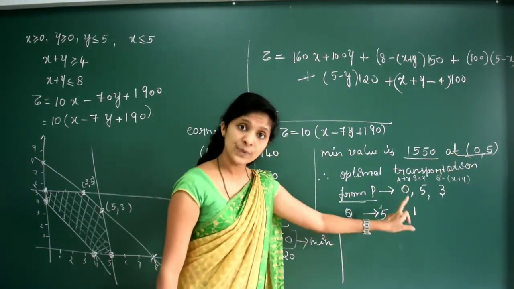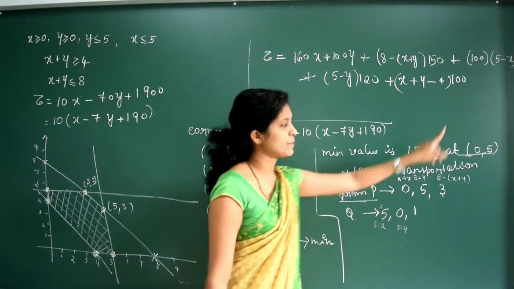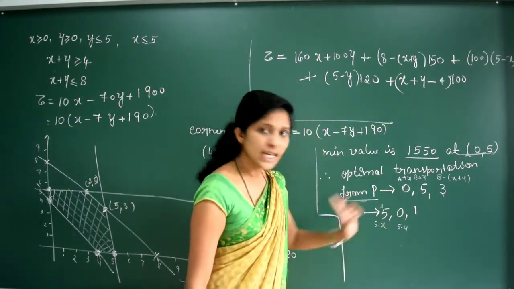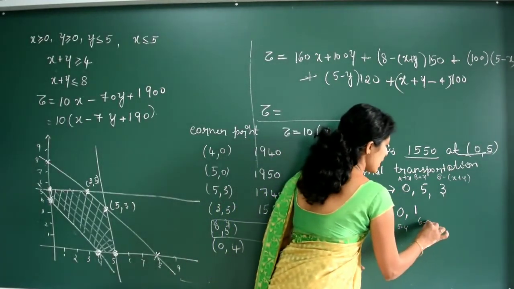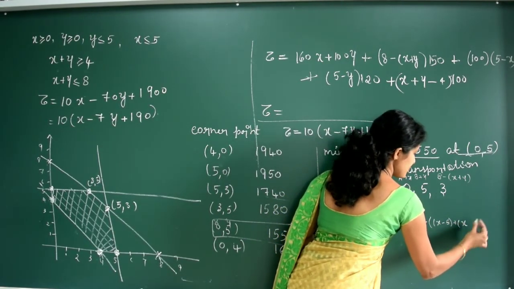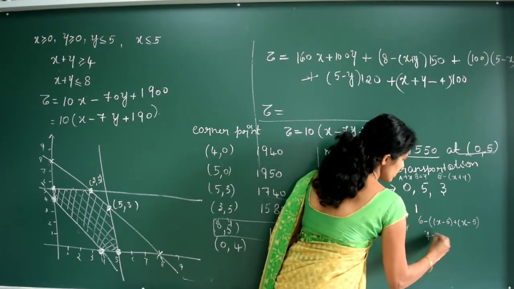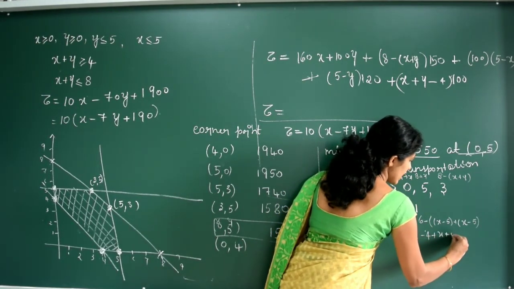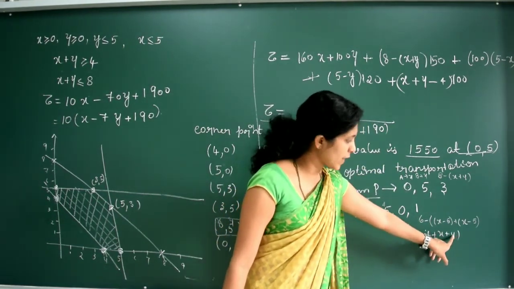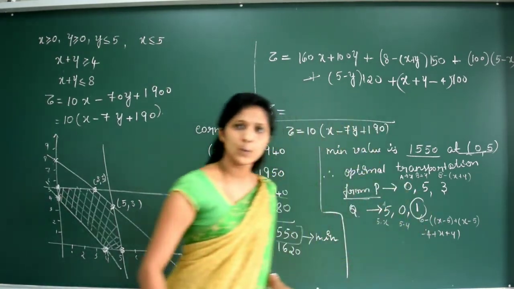From Q to B, it was 5 minus y, so 5 minus 5 will be 0. And from Q to C, it was x plus y minus 4. If you substitute x is 0 and y is 5, this will be 5 minus 4, which is 1. I hope you understood this one.